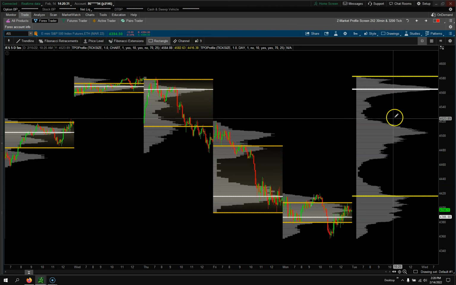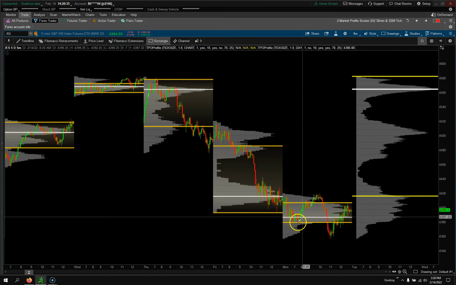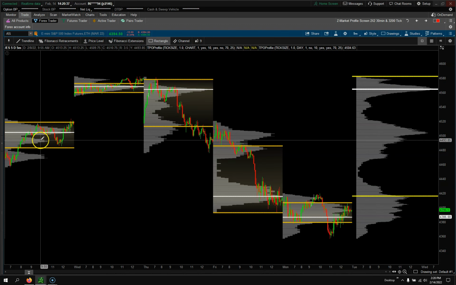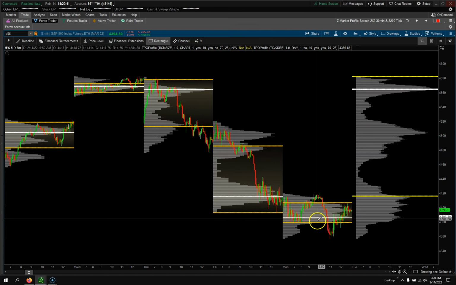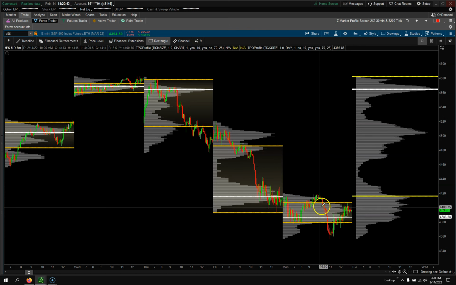Because we are looking at a 5-day, 5-minute chart, it's just showing us the last 5 days of price action.